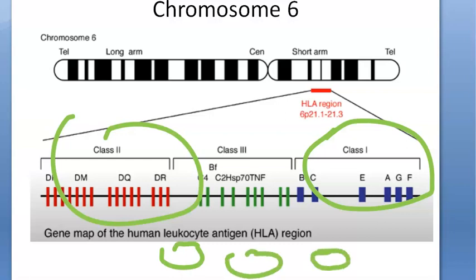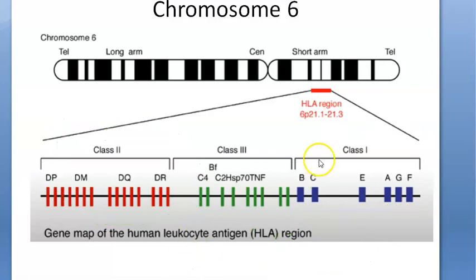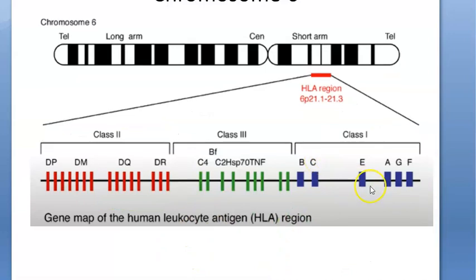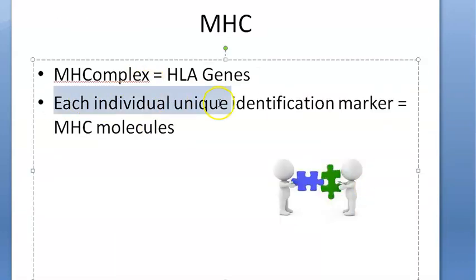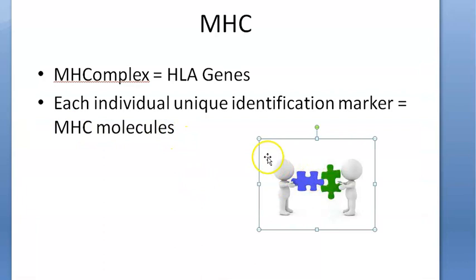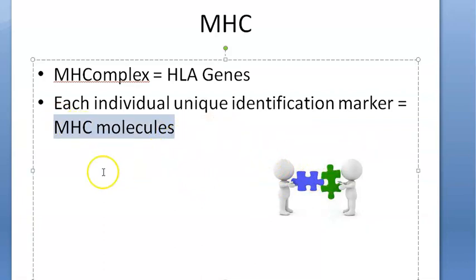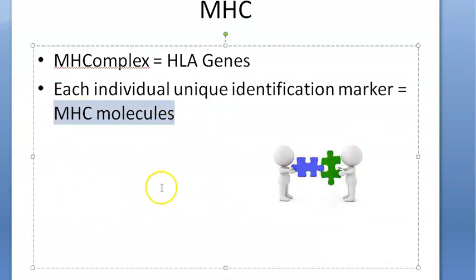On most cells you will have these molecules, which do the job of presenting the antigen to the lymphocytes and starting the immune response. Each individual will have a unique identification marker, that is MHC molecules. If I have to donate for you, we will have to match some amount of these molecules.